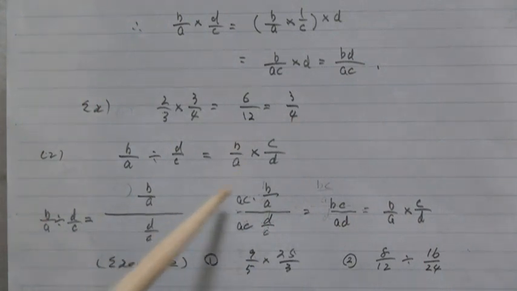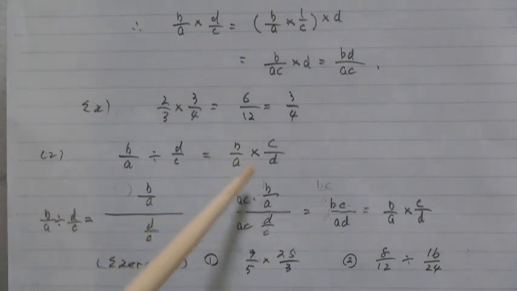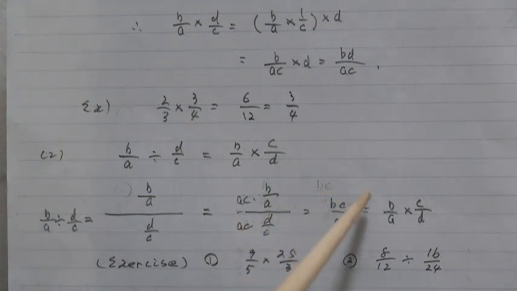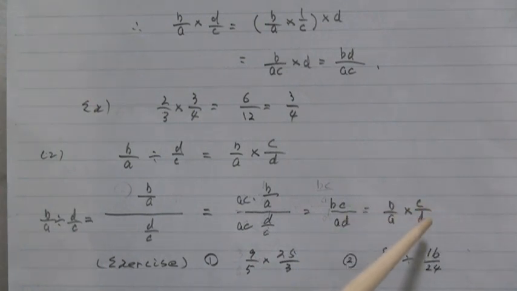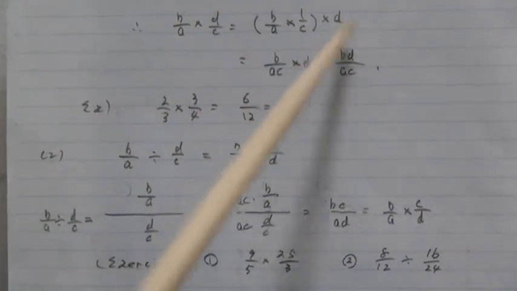AC multiplied, then A erased, and BC, and C erased, AD. And BC over AD equals B over A times C over D. This is the calculation, okay?